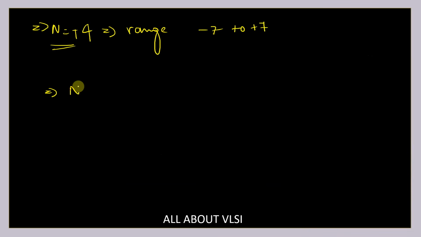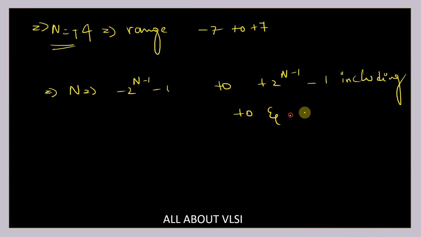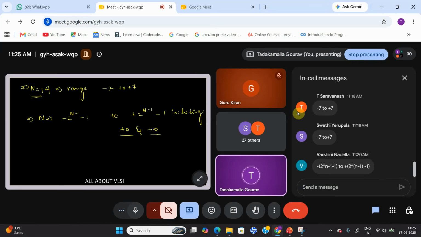So for n, it is nothing but -(2 power n minus 1 minus 1) to +(2 power n minus 1 minus 1), including +0 and -0. Is it clear, guys? Any doubts or any queries over here? Okay, great. I hope it is clear.